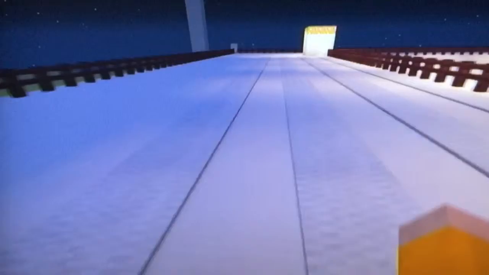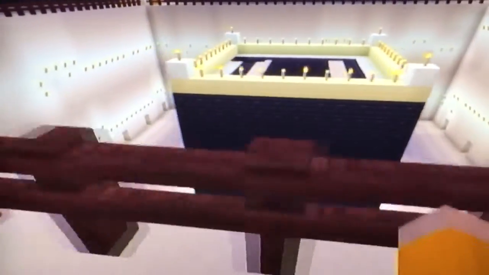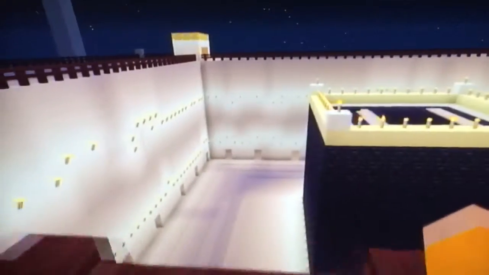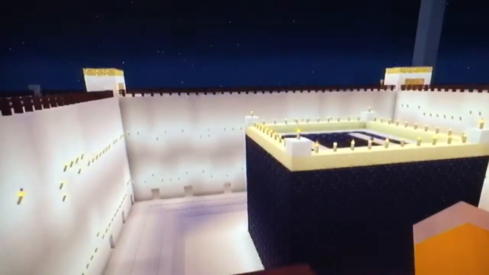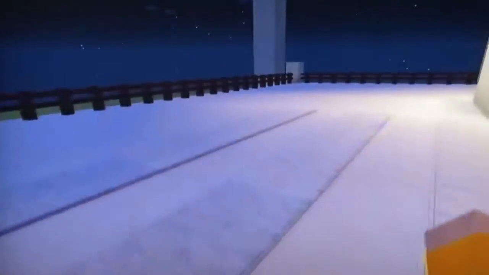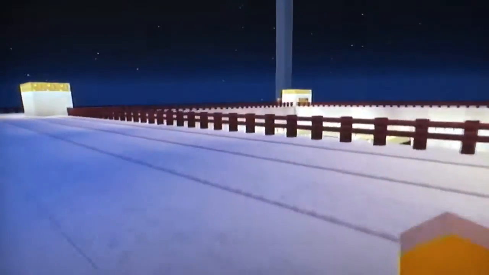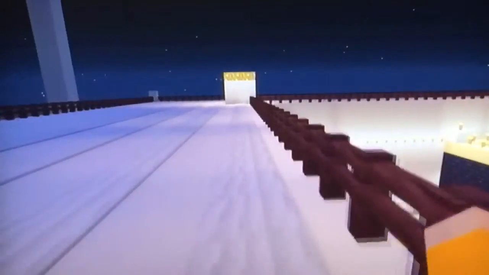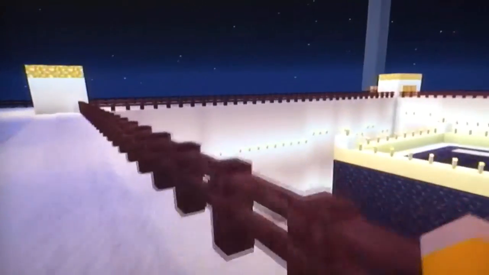There are once again carpets up here, as not everyone's going to be able to fit in that tiny little place right outside the Kaaba. It would be a miracle if it did. There are fences placed here just to represent the barriers that help people not fall off. Because if it weren't there, people would be falling off and it would be all over the news.